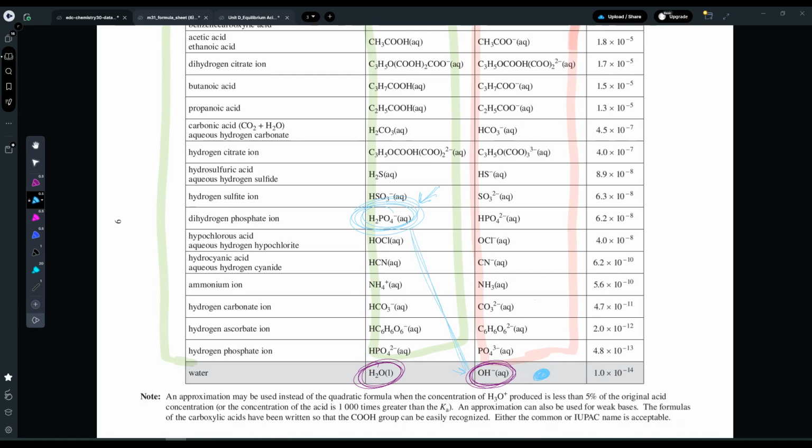And if you can draw a line that, as you read it from left to right, looks like a downhill line, then you know that this substance still keeps on acting as an acid because it's reacting with a stronger base.